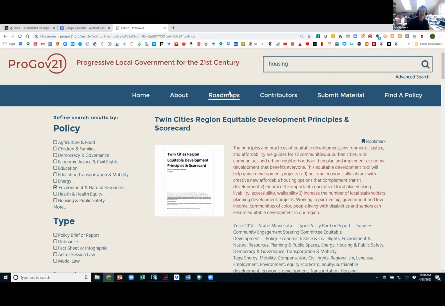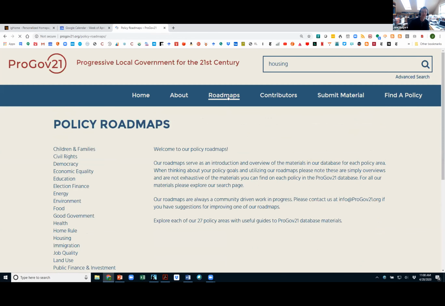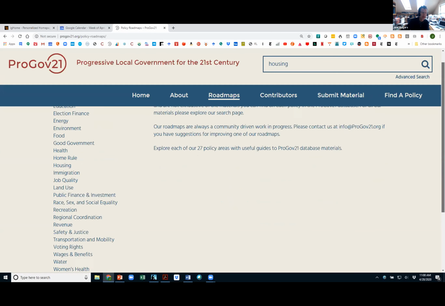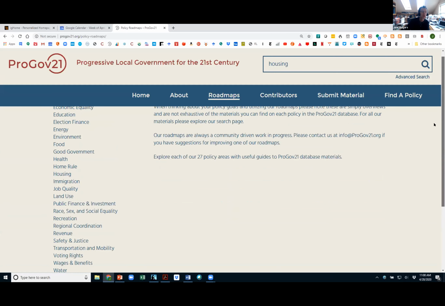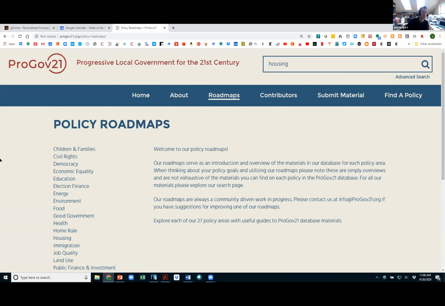Then there's these things that should be called policy roadmaps. This is all in the process. We just created this thing in the last year. And then there are these policy roadmaps on different things. If you've got some area of policy you're not an expert on, well, these things, and these are more numerous than those categories that we gave you before, and they're going to get more numerous still.